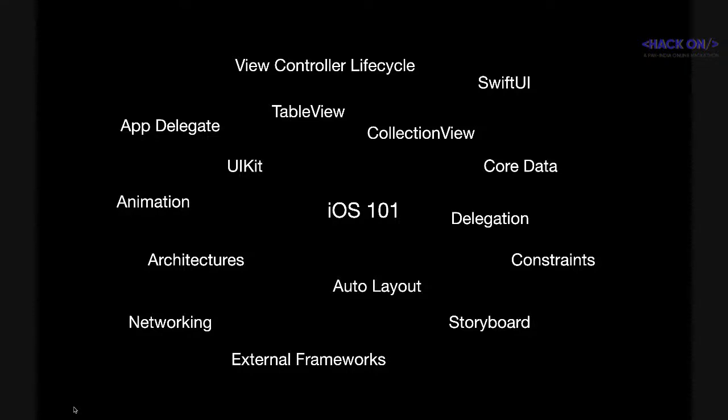And auto layout is basically, the screen size of iPhone 7 and iPhone X are different, right? So auto layout gives you the ability to use the same code for the different sizes and different constraints.